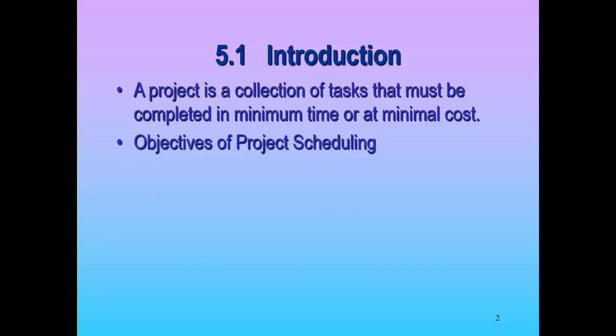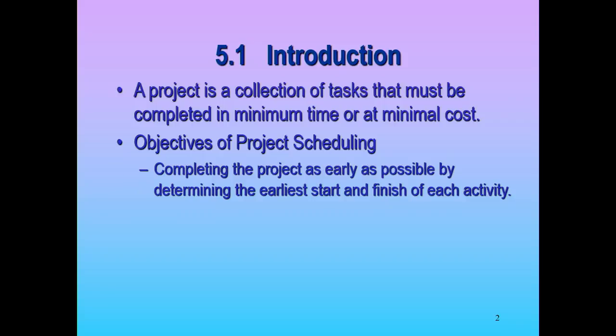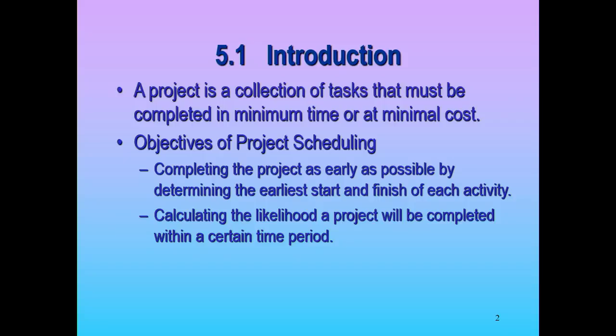So our objectives of project scheduling are related to those things. We want to complete the project as early as possible, determining the early start and early finish time of each activity. We realize in a lot of cases that projects aren't always going to be known with certainty. When they refurbished Schwab Hall, it took them about a year, and they said the likelihood that we're done by this date might be 90%.